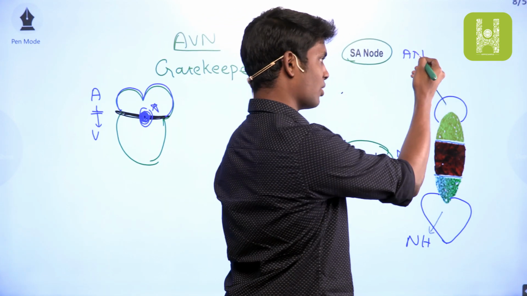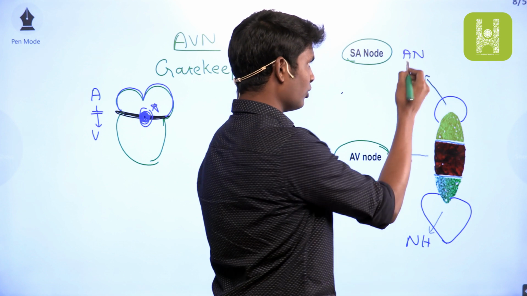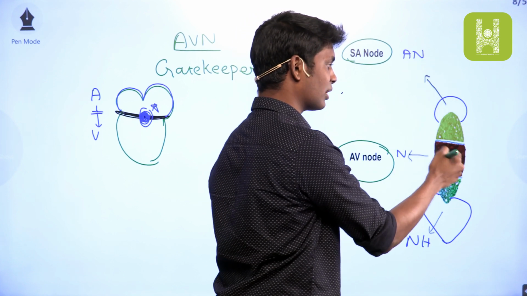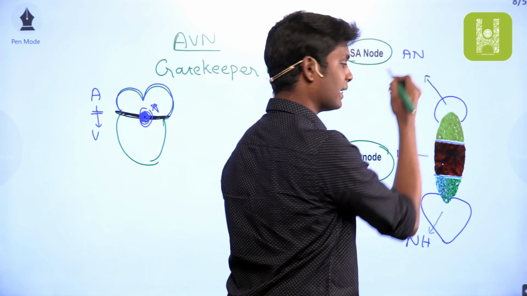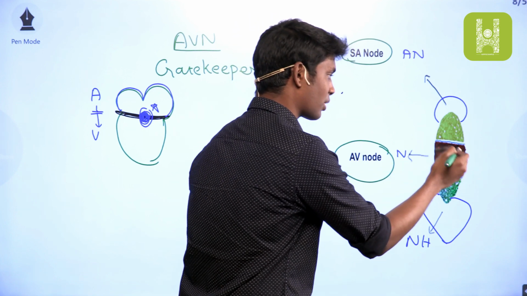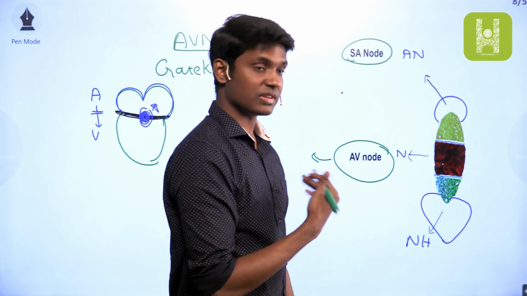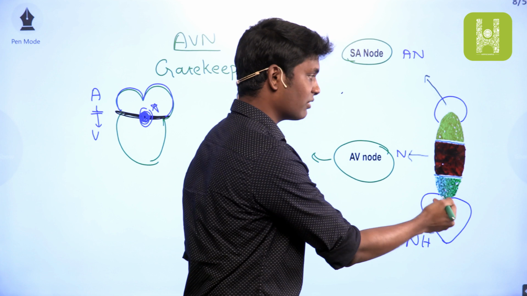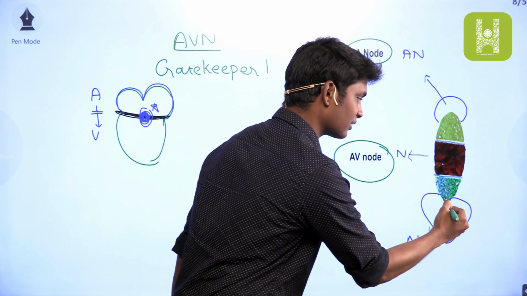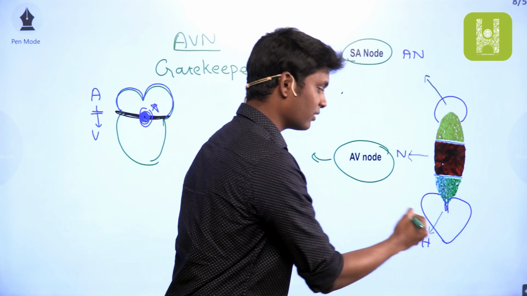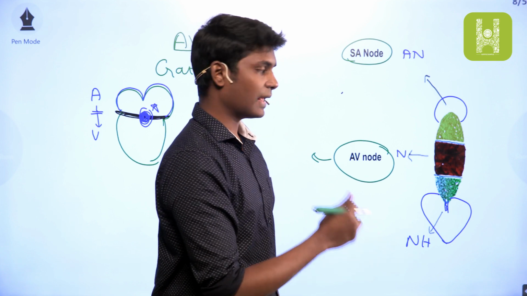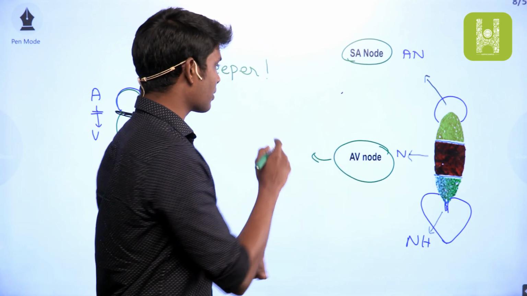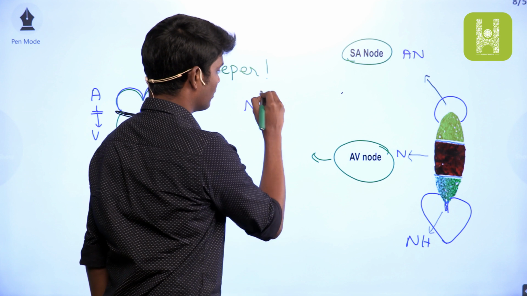So what is present above? It is the atrium. So the part which connects the atrium to the node proper is called the AN part, and this is the node proper, which has various important properties which I'll explain, and the lower part which connects the node to the bundle of His. So that is why it is called the nodo-His region or the NH region. Coming to the properties of the nodal region.